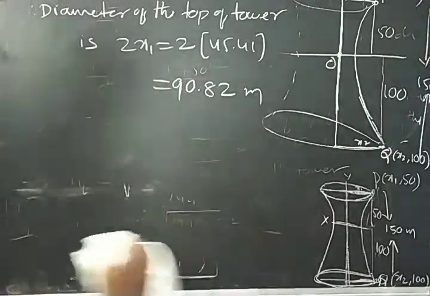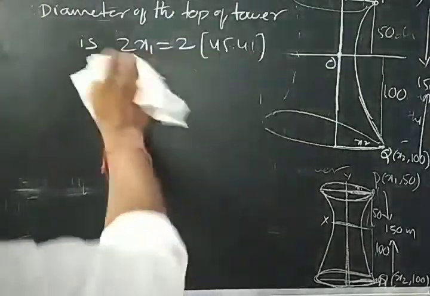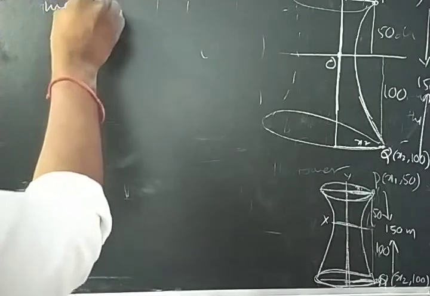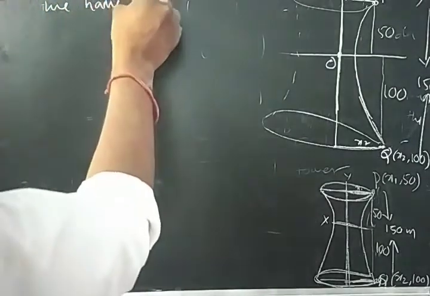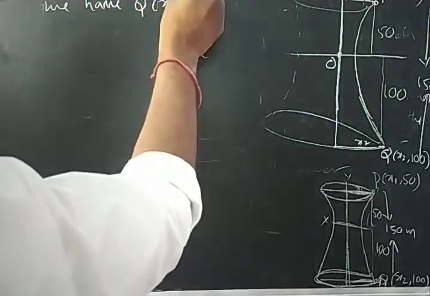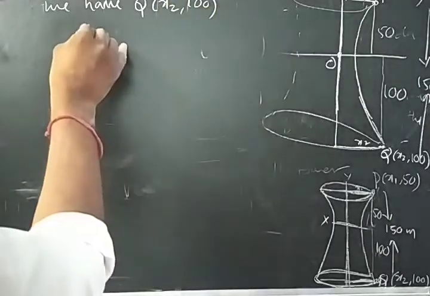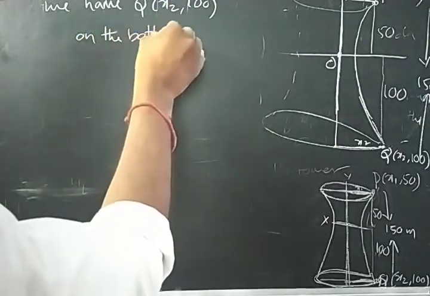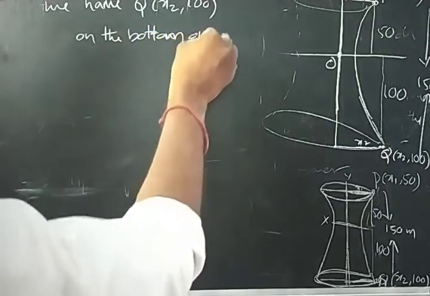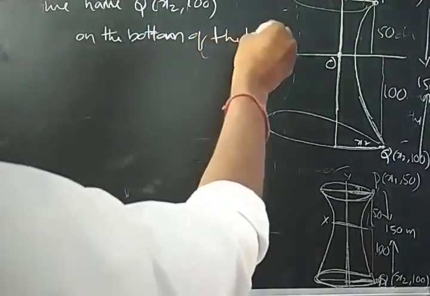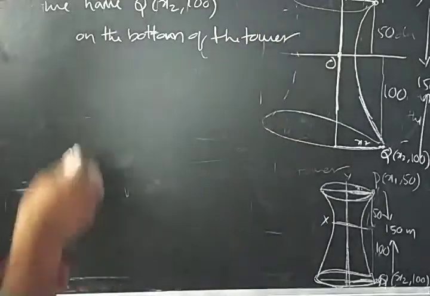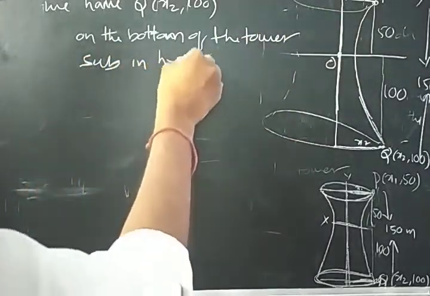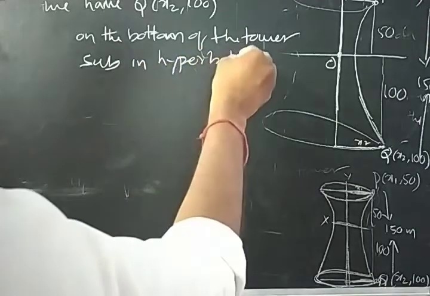Now to find the diameter of the bottom of the tower, again substitute Q. We have Q x2 comma 100 on the bottom of the tower, substitute in the hyperbola equation.